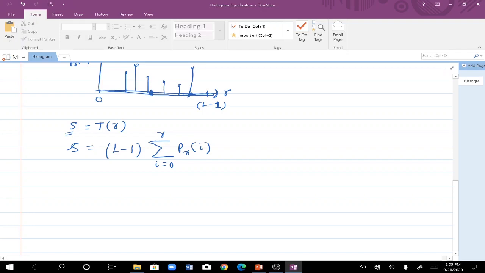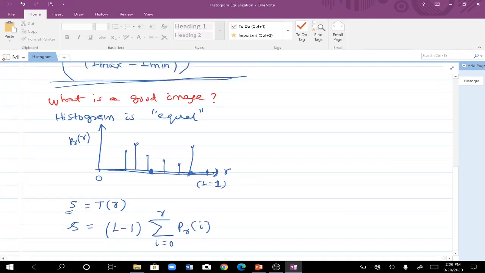So that is when you will approximate to the nearest integer, and that could eventually result in a transformation which is not exactly equal but somewhat better than earlier and somewhat close to the equal histogram. We will see that soon with some examples. I hope this idea of histogram equalization is clear to you.